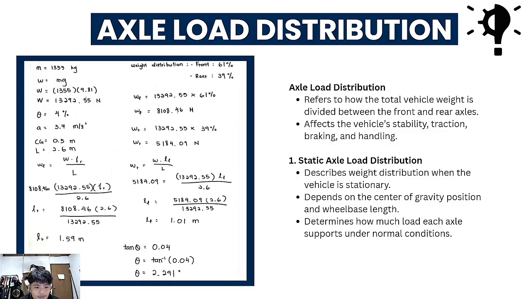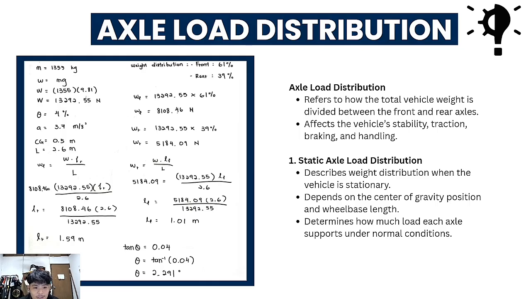And the center of gravity height is 0.5 meter, and the length of the car is 2.6 meter. For the weight distribution of the car, for the front it is 61%, for the rear it is 39%.